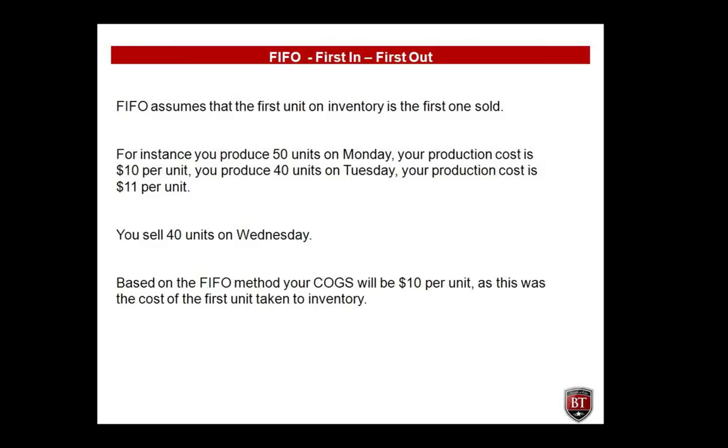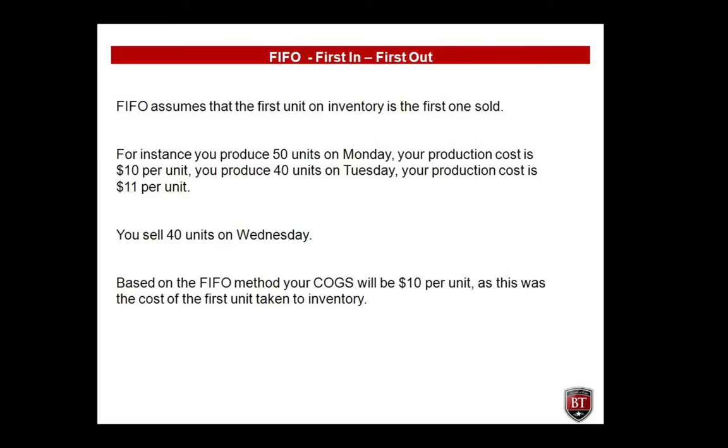I'm going to start with first in, first out method. First in, first out assumes that the first unit on inventory is the first one sold. For instance, you produced 50 units on Monday, your production cost is $10 per unit. You produced 40 units on Tuesday, your production cost is $11 per unit.